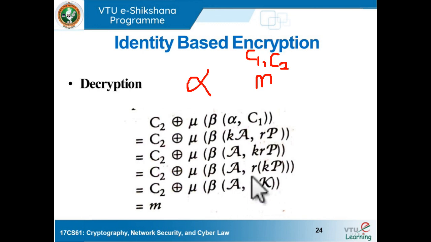Now this K is the public key generator's public key, and A is Alice's public key. Now Alice's public key is known to us. We know the value of K. Easily, Alice will be able to compute and get back the original message M.